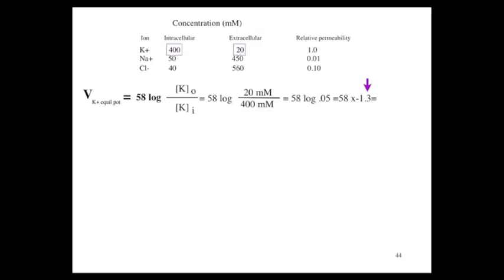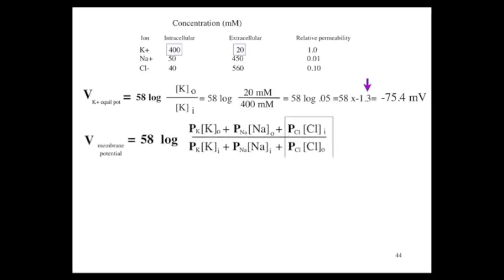So we simply multiply 58 times minus 1.3, and voila! We come up with minus 75 millivolts. That is the potassium equilibrium potential given these concentration disparities of 20 millimolar potassium in the extracellular fluid and 400 millimolar in the intracellular fluid.